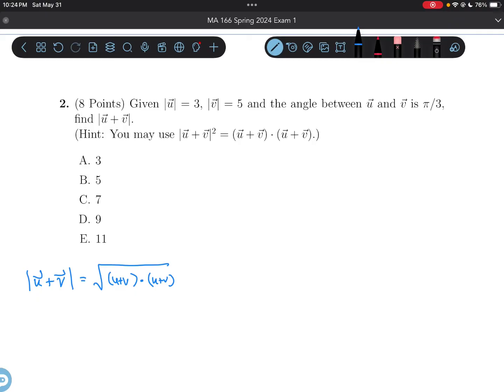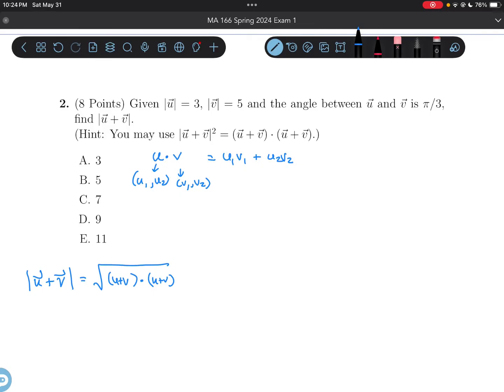The first formula states that for vector u dot v, let's say that we know the coordinates of each vector, say u1, u2, and v1, v2, the dot product is equal to u1 times v1 plus u2 times v2.